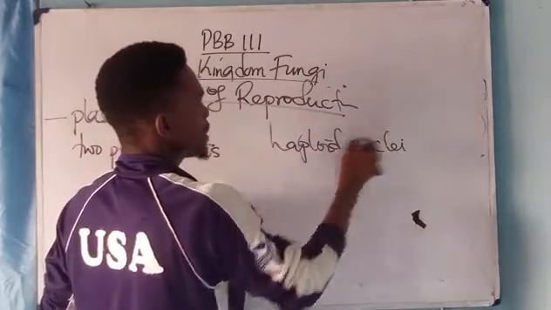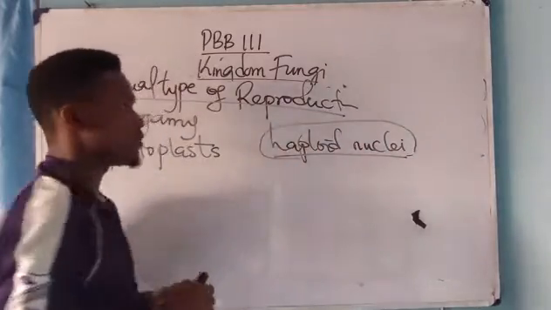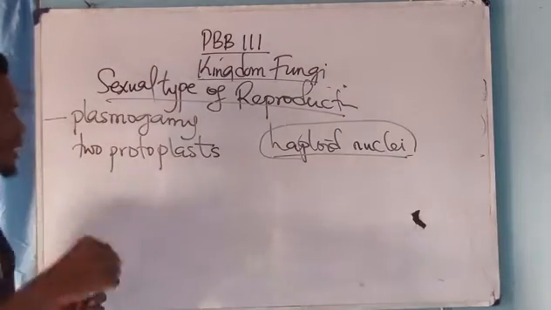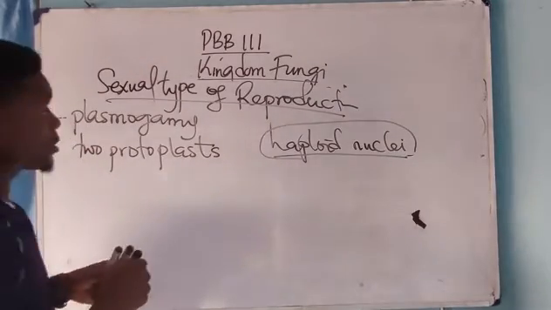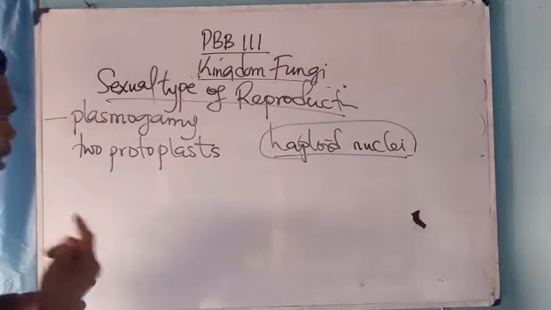Which means that even if their nuclei are not involved, fusion can still take place. A good example is found in Saccharomyces cerevisiae, yeast, like I gave us before.